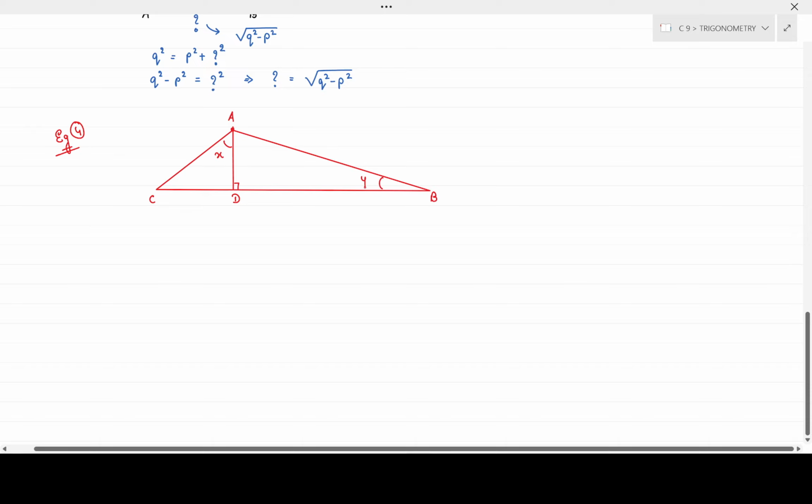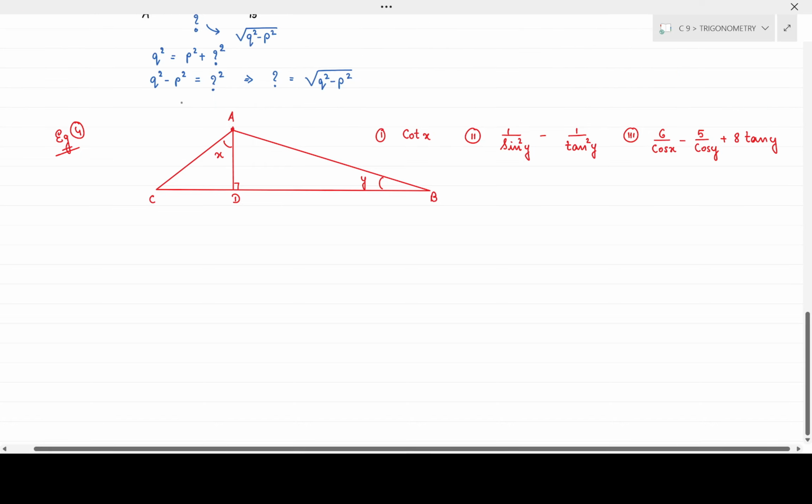This is X and this is Y. Now we have been asked to find out the value of cot X. Second subpart, 1 divided by sine square Y minus 1 divided by tan square Y. Third subpart, 6 by cos X minus 5 by cos Y plus 8 tan Y.